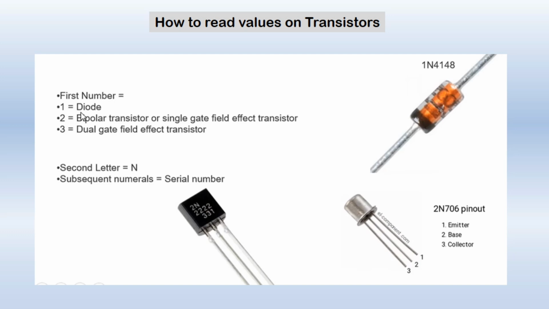As you can see in this diagram, 2 is written, and in this diagram also the first digit is 2. So it means it is a transistor. And if the first digit is 3, it means it is a dual gate field effect transistor. So in this way, by reading the numbers and alphabets written on the component, you can identify its type. Second letter is N, and then there is a serial number, which is the identification of a component.